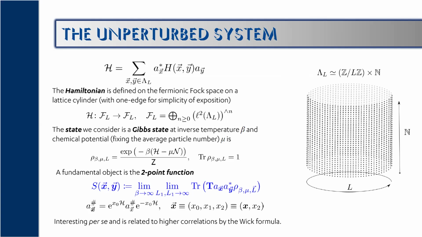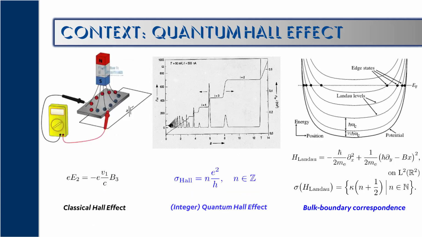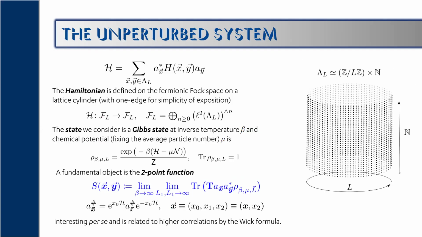And we will suppose now some properties on this Hamiltonian. But I just want to say that we consider our system in a thermal state. So the state of the system is a Gibbs state, at temperature theta and chemical potential mu, where this mu is exactly the energy level that we fixed.